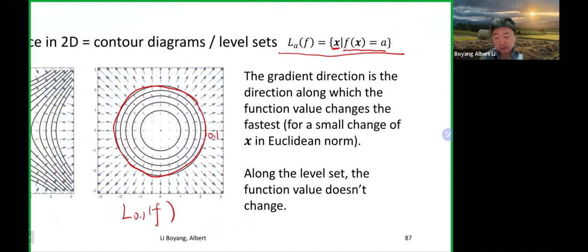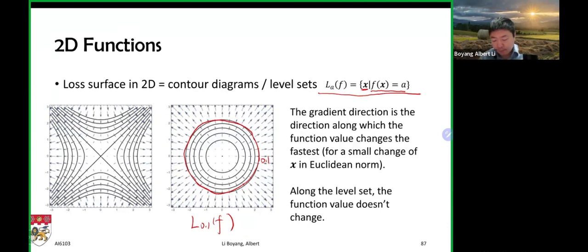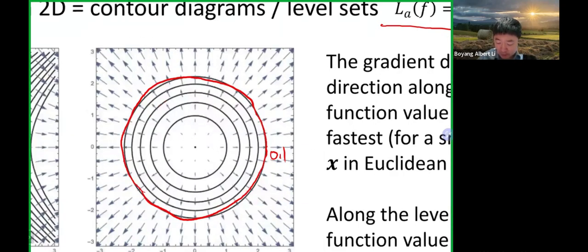Okay, so this is the level sets. And if you think about it, if I move by a little bit on this level set, the way I move is to move along the tangent direction.